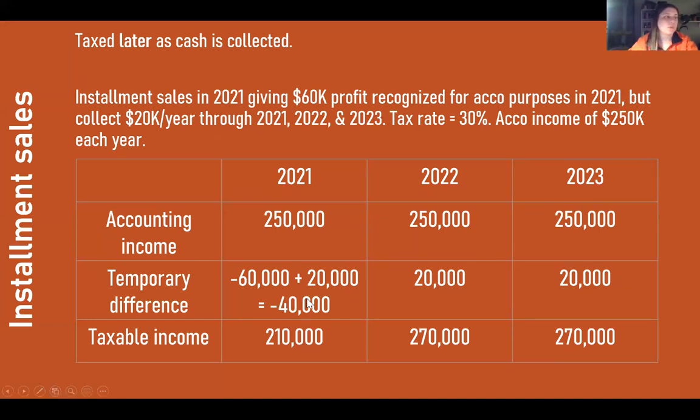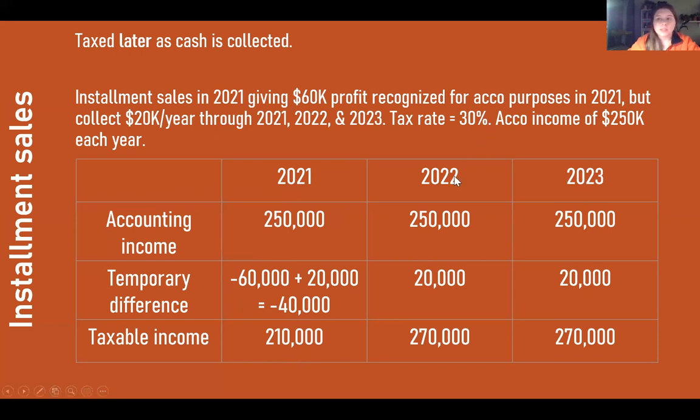So you're going to remove the $40,000 in cash that you didn't receive for those sales. So because of that, your 2021 taxable income is going to be lower than your accounting income for 2021. So you're paying less taxes in 2021.